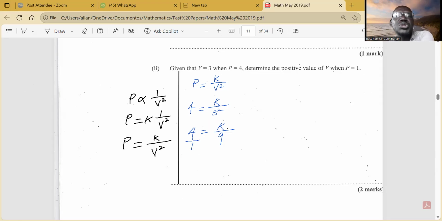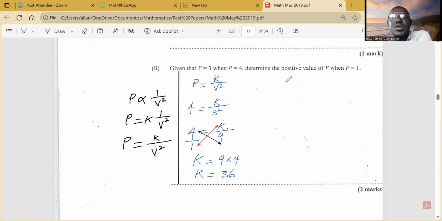I'm just showing you this method, and then you could cross multiply. Cross multiply means multiplying diagonally. So 1 by K is K, and 9 by 4 is 36.